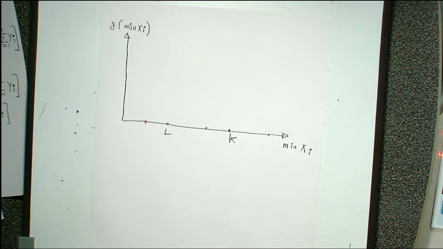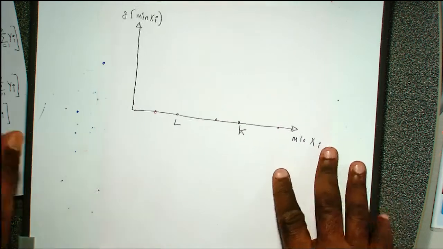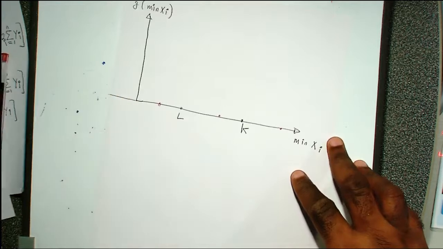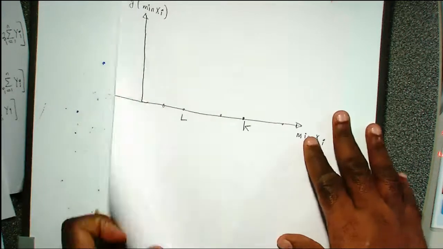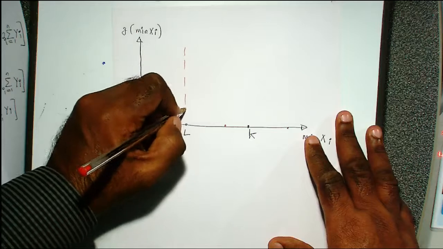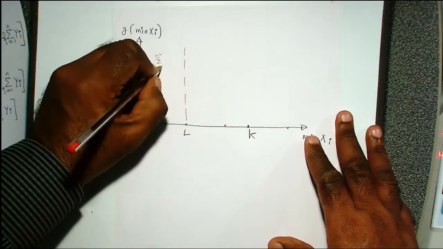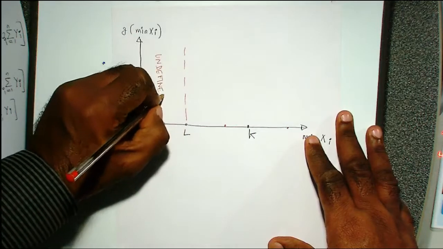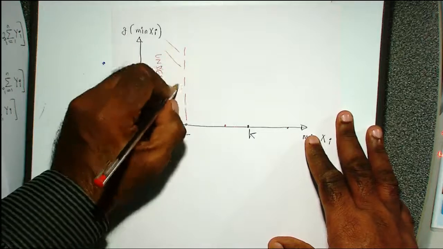So 0 divided by 0 is undefined, right? So basically the function is undefined here, right?